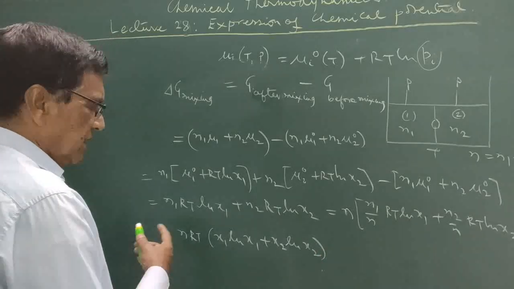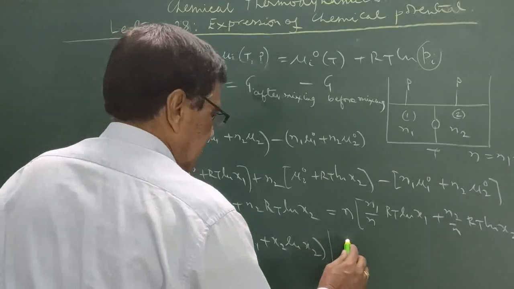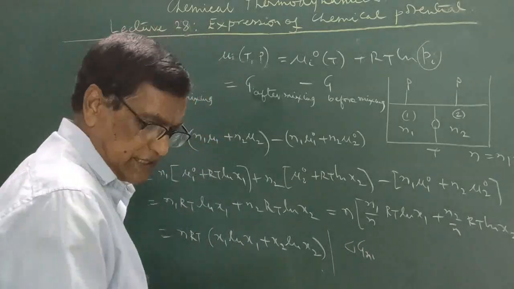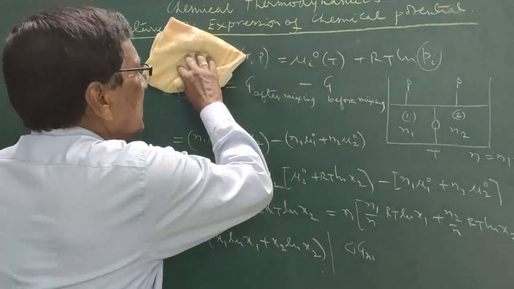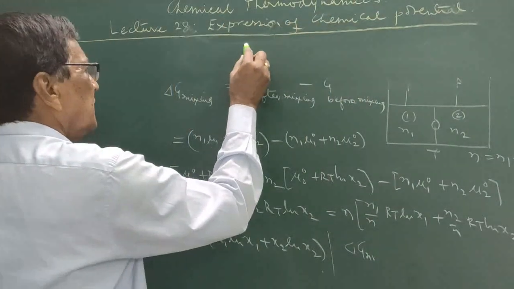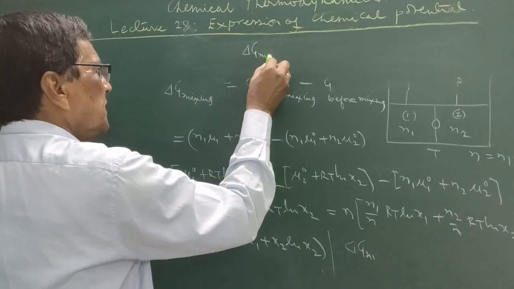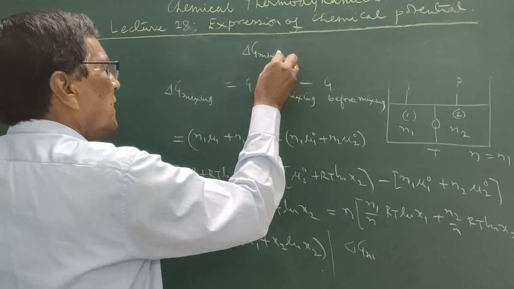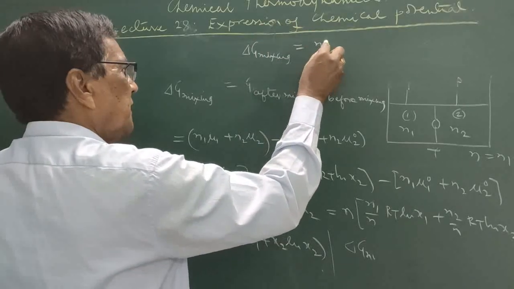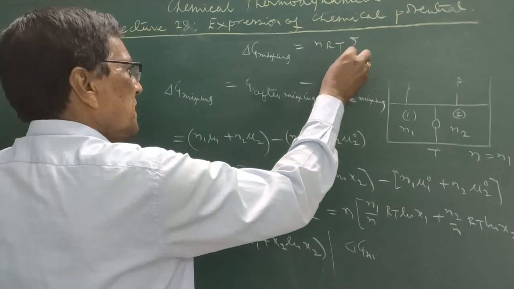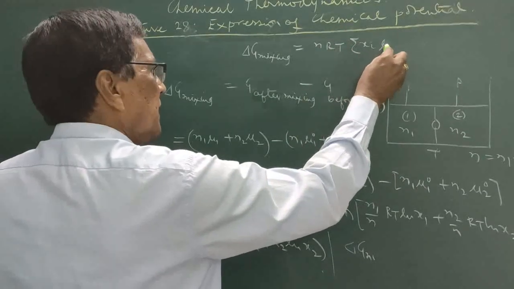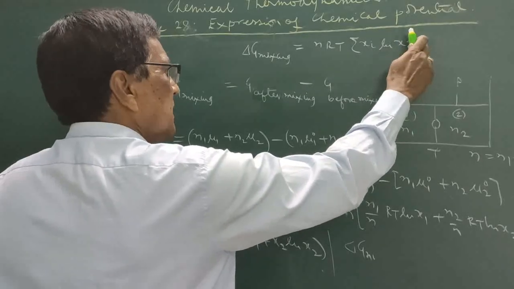In general, we can write delta G mixing equal to nRT times the summation of xi ln xi.